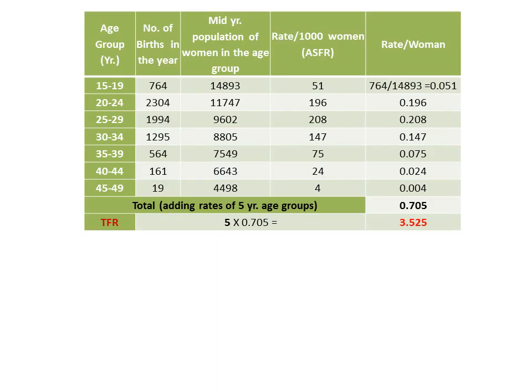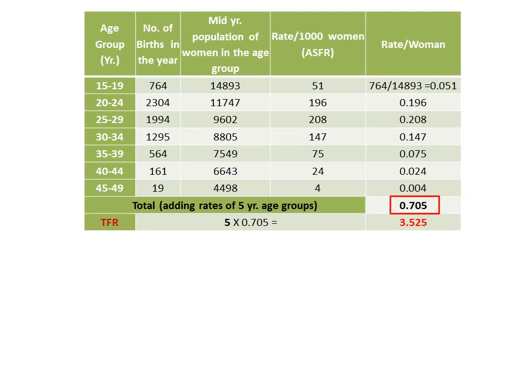This is how total fertility rate is calculated. The left column gives the age groups and the number of births occurring in each age group. This is the mid-year population of women in the particular age groups. Then calculate the rate, that is, divide the number of births by the number of women in that age group.